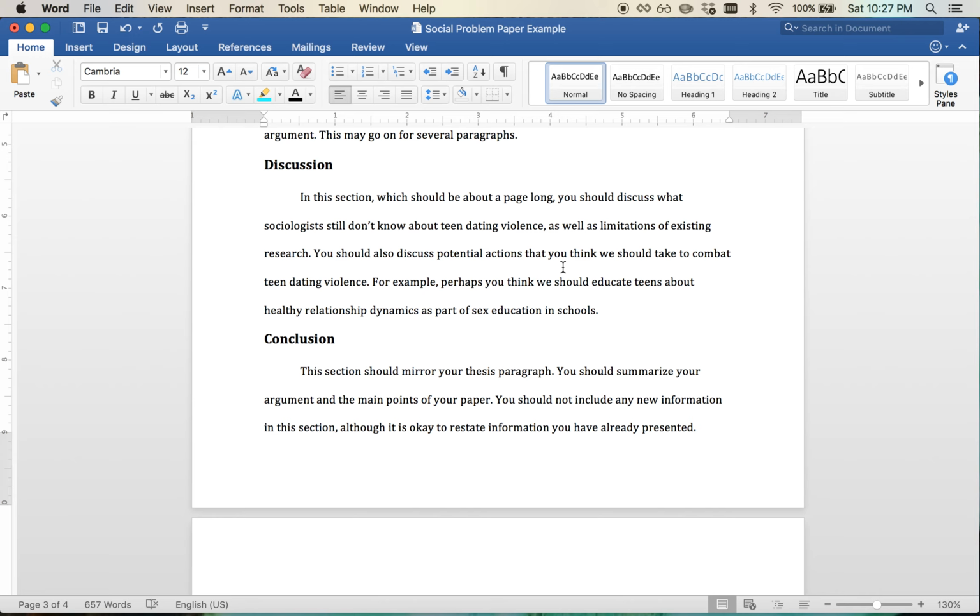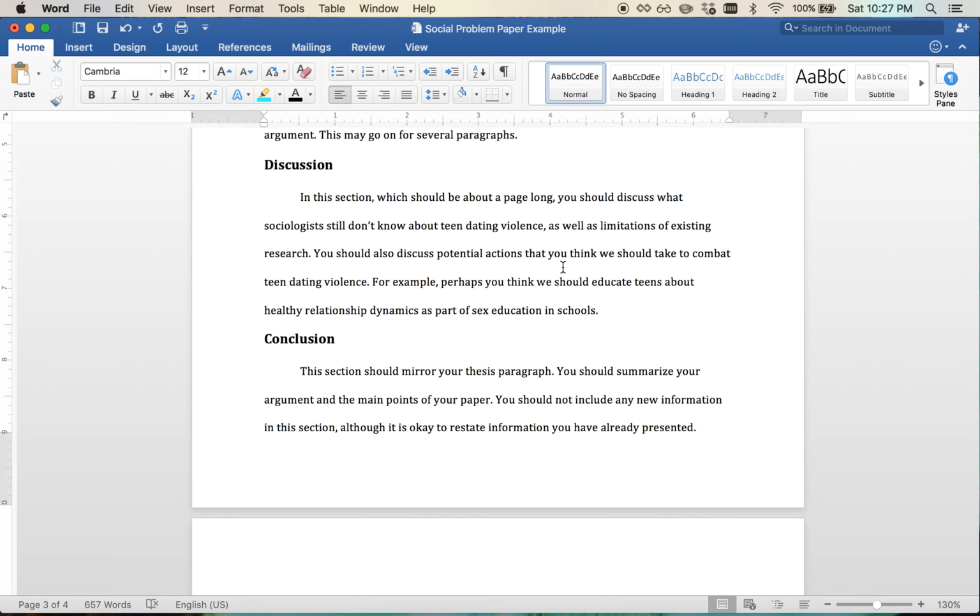In this section, which should be about a page long, you're going to discuss what's still unknown about your topic. So you might say, while estimates are pretty good for physical dating violence, we still don't know the prevalence of emotional and psychological abuse within teen dating relationships. You can also here discuss limitations of existing research.